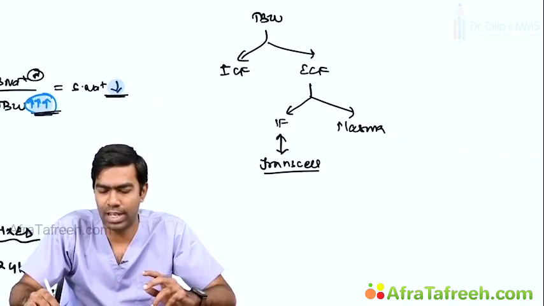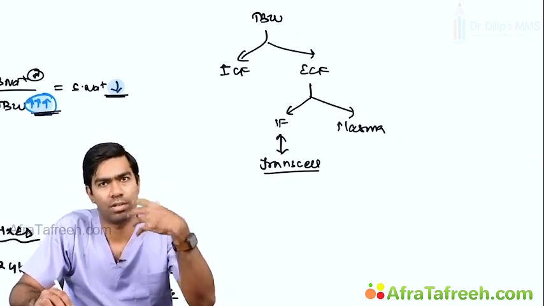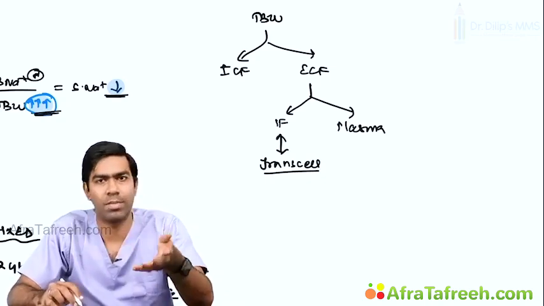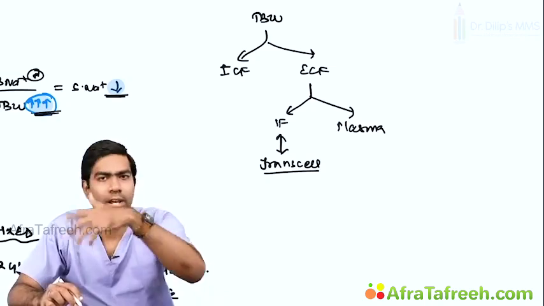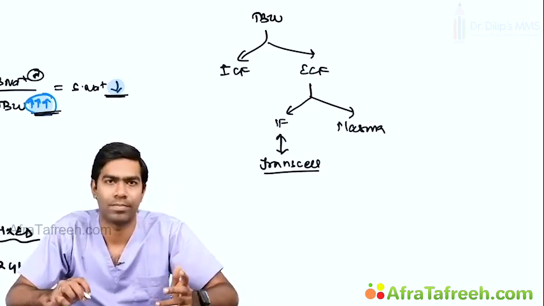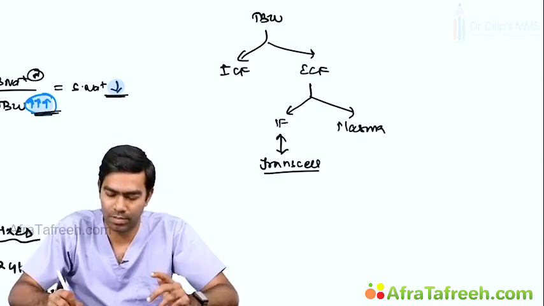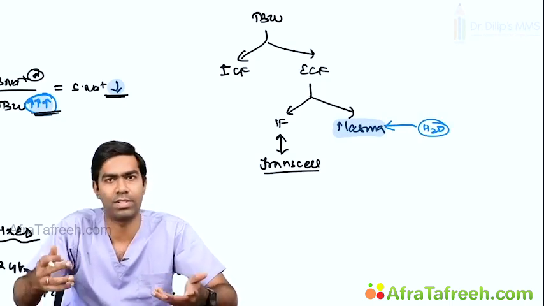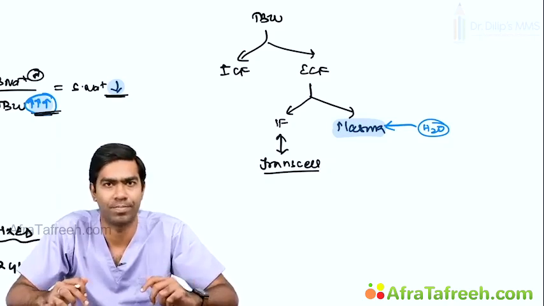So whenever you take more water or ingest more water, or when you give more water IV, whatever may be the route, the first route of entry of water into the body, where? It is the plasma. That's the first place where the water you give to the system enters.